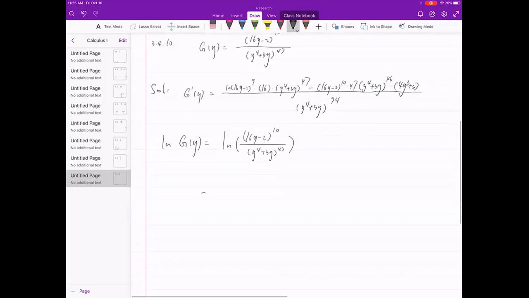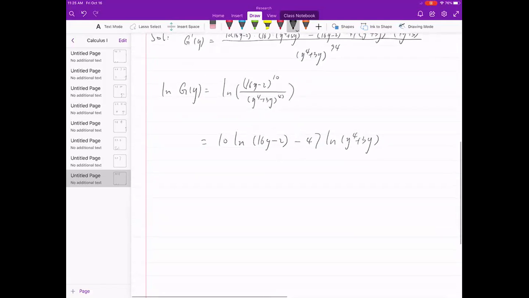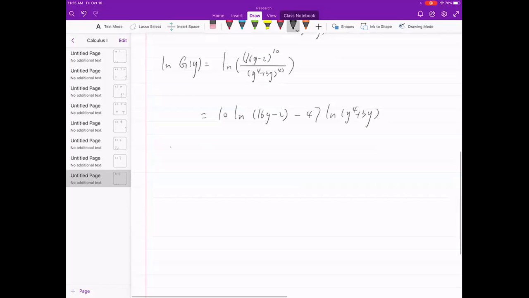not prime yet. Minus. Okay, now you take the derivative. You have 1 over g(y) times g prime of y equals, 1 over times the derivative, minus 1 over.